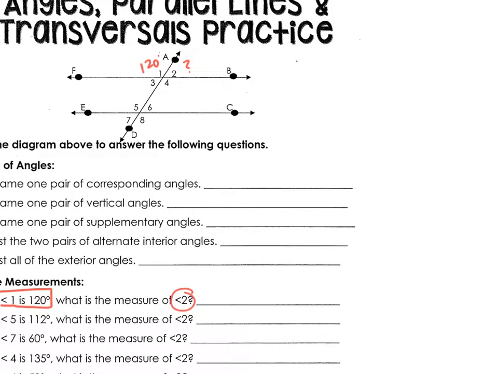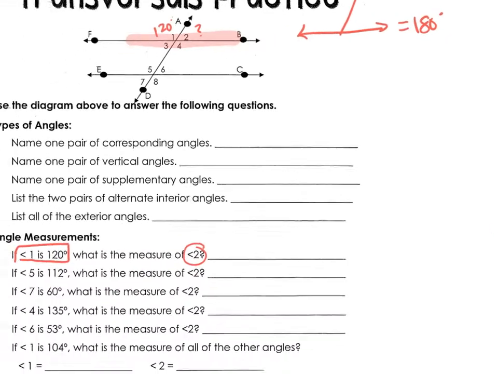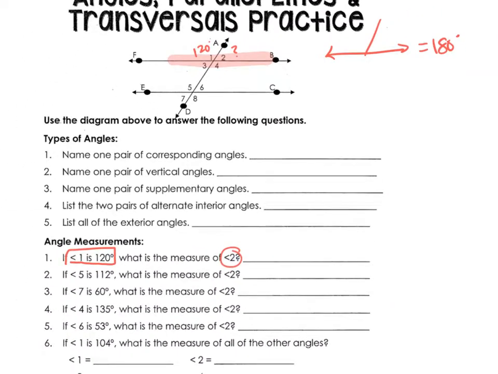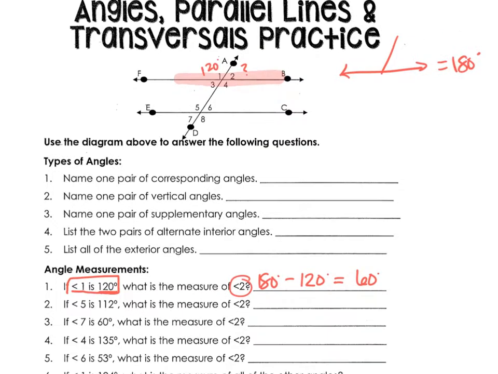Remember, if there are two angles on the same line, that straight line is going to equal 180 degrees. So all you have to do is subtract 180 minus angle 1, 120, and you're going to get 60. So the measure of angle 2 is 60.